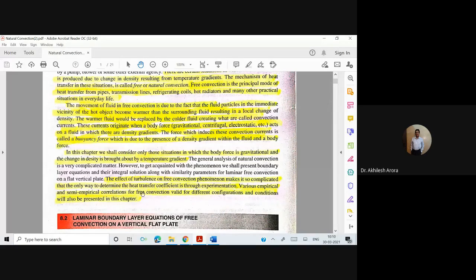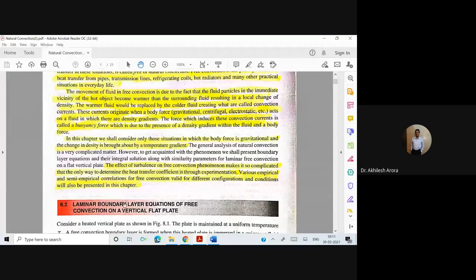Various empirical and semi-empirical correlations for free convection, valid for different configurations and conditions, will be presented in this chapter. So basically, we will be only dealing with the correlation part, and as such, there is no derivation or direct solution of any of the problems.